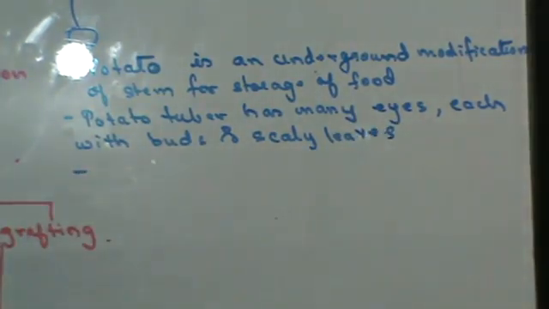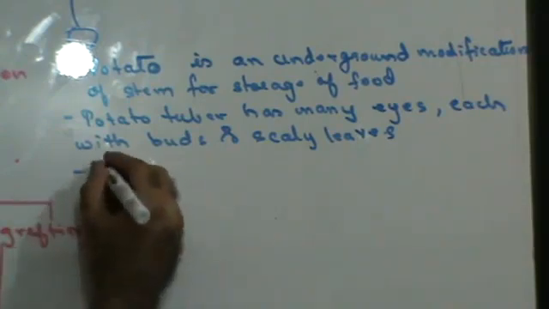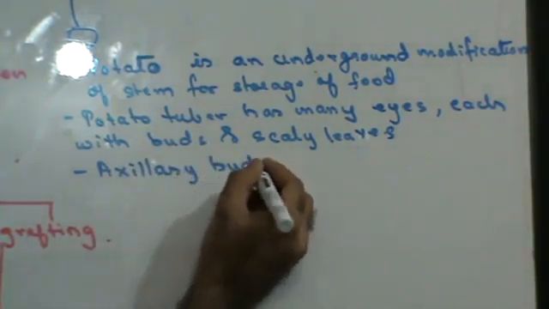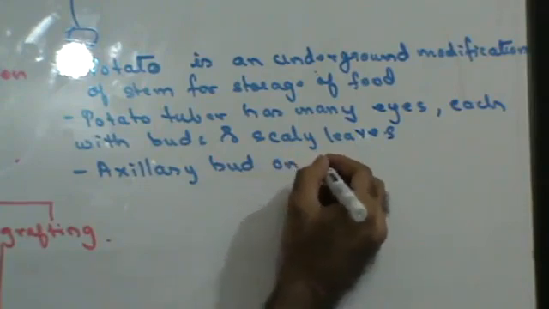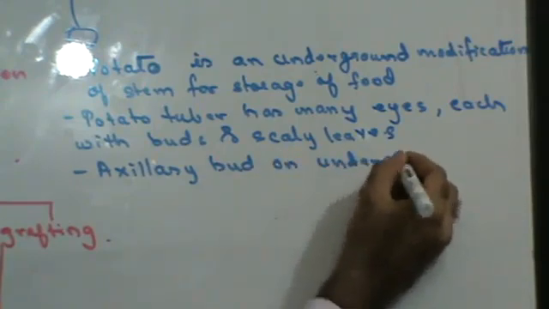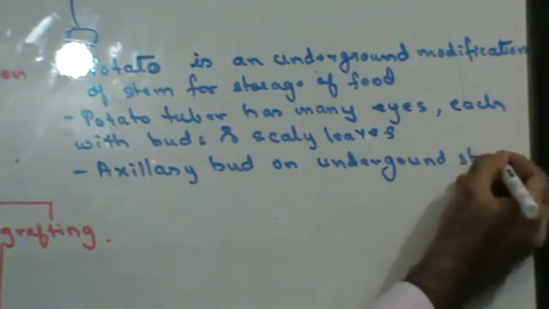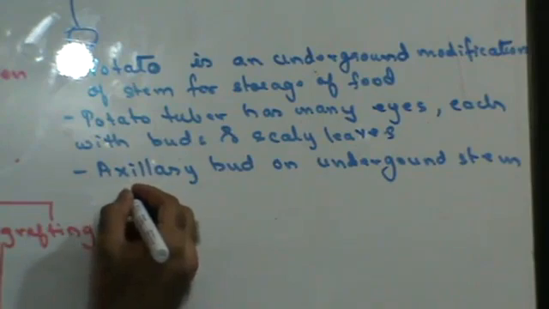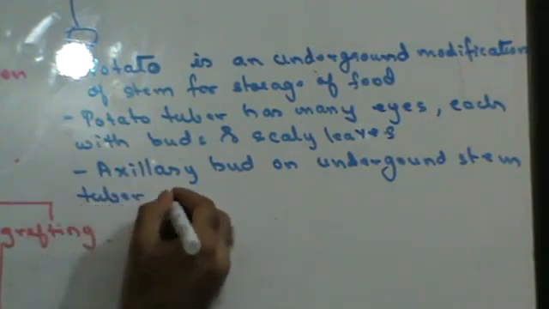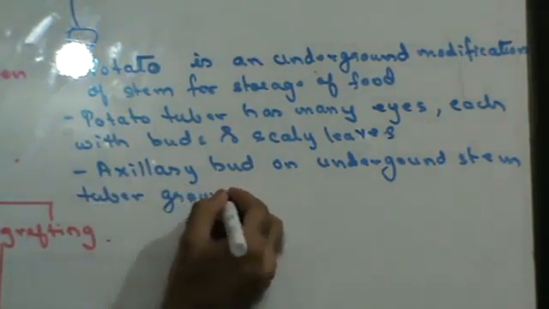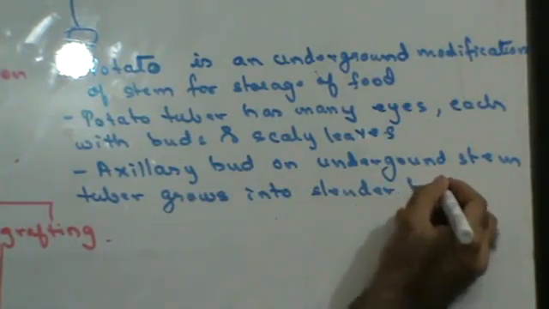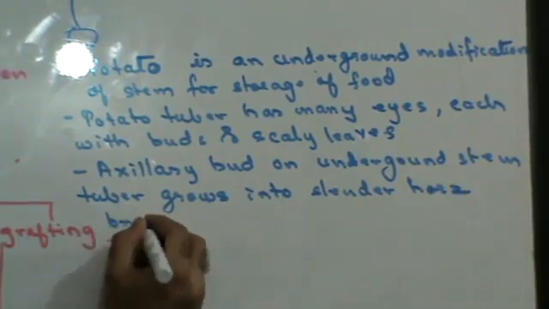Now, here what would happen is, the axillary bud, not auxiliary, the axillary bud on the underground stem grows into slender horizontal branches.